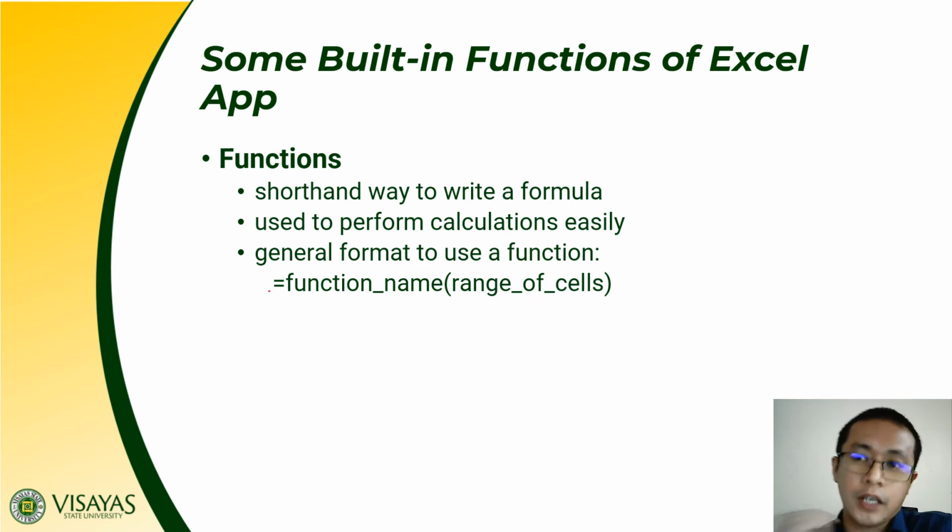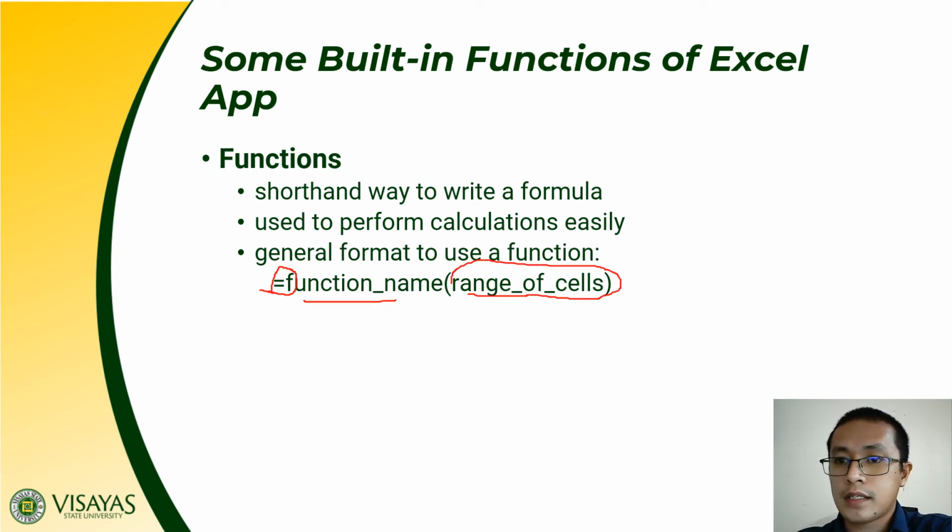Again, since this is a formula, it will always start with an equal sign, and then followed by your function name, and then followed by your range of cells. That is, if your range of cells are consecutive, then you can make use of colon. But then if your cells are not consecutive, then you have to specify every cell where you want to apply the formula.